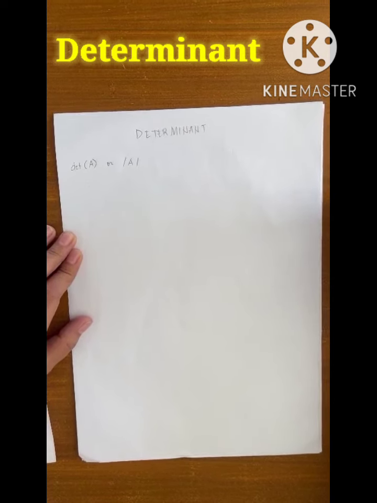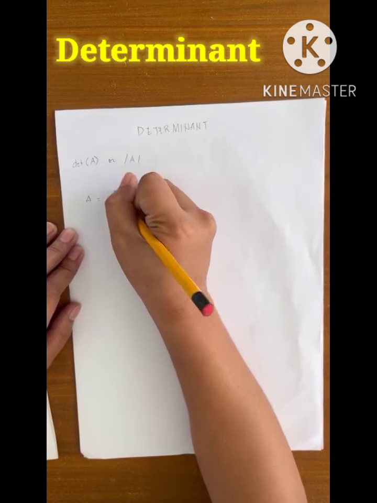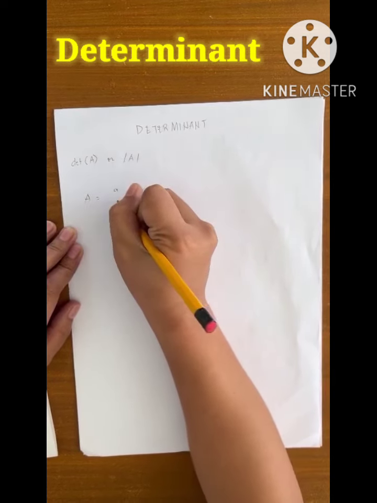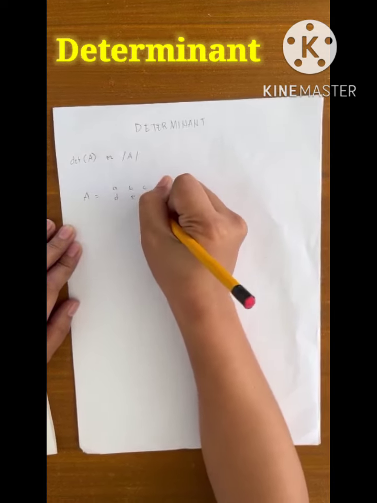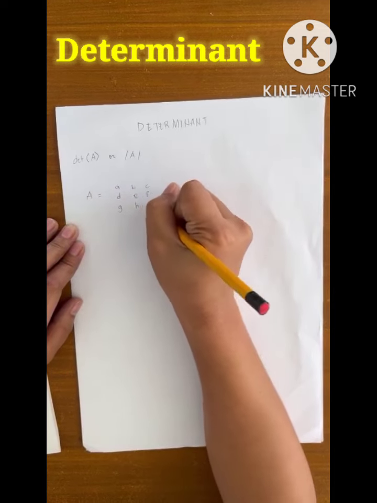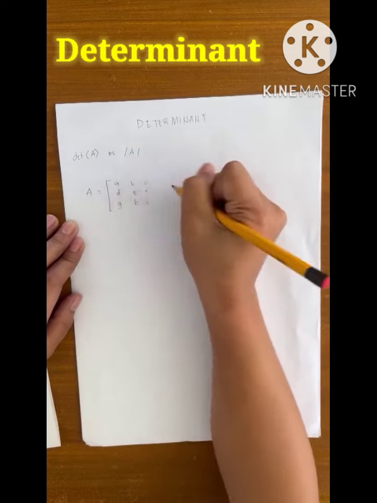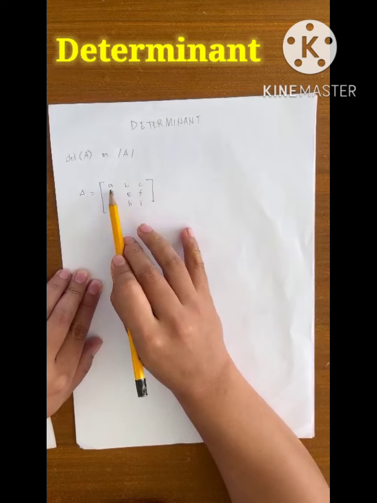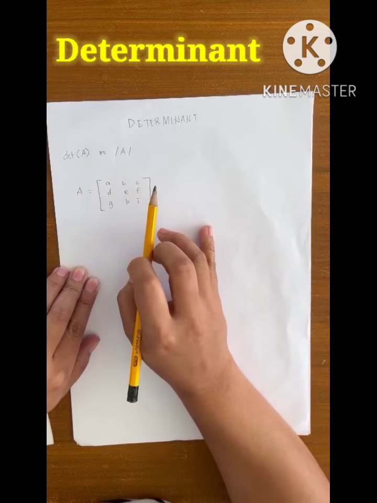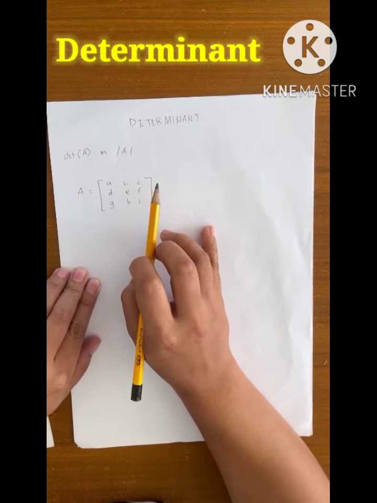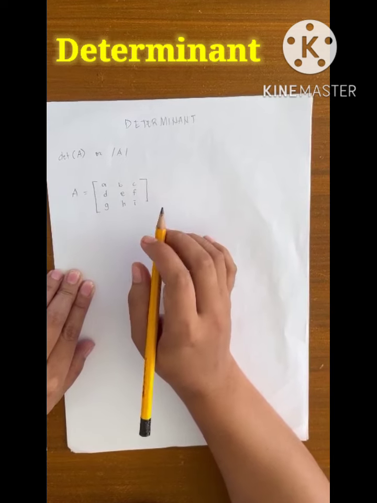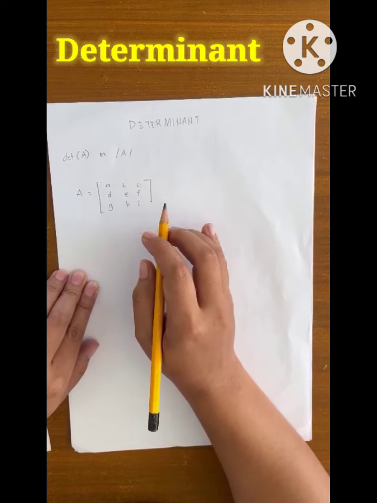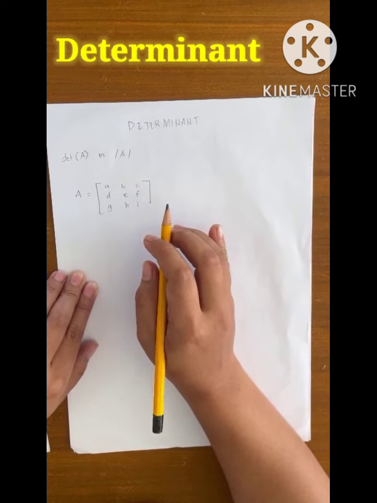If we have a matrix A having the elements A, B, C, D, E, F, G, H, and I, first, we will use the elements in the first row, this A, B, and C, as a scalar of our 2x2 matrix that will be formed after crossing out the corresponding rows and columns specified to the element.